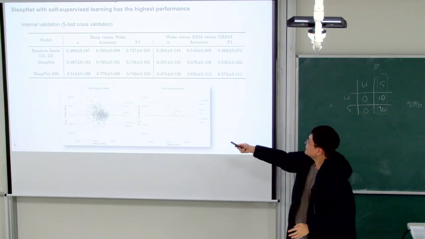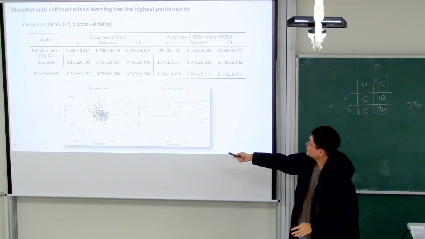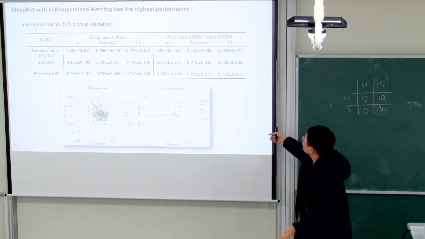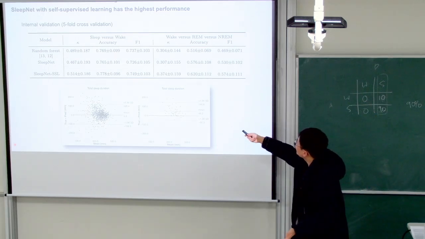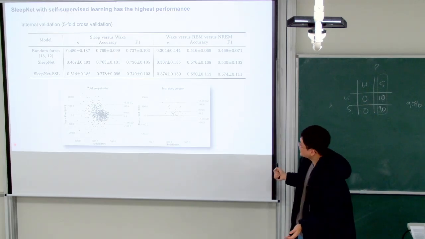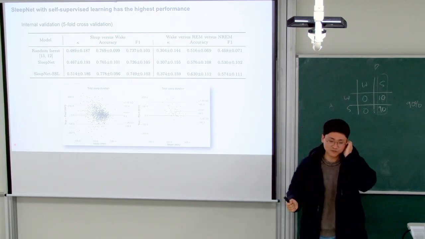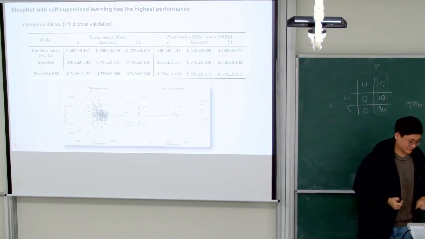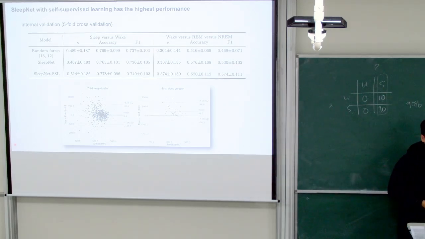They said that SlimNet with self-supervised learning gives the highest accuracy and highest F1 value, something like that. But I think it's not perfect. Still, we need to improve more.